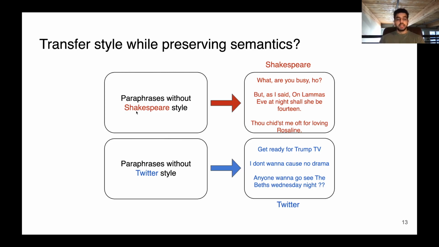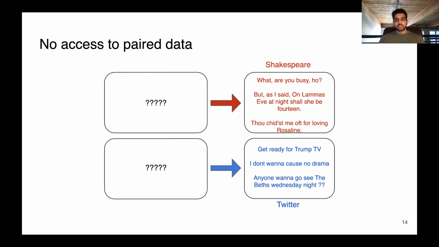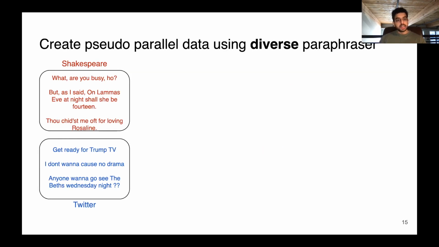And in this task, I would like to have a sentence that has the same content as one of these Shakespearean sentences, but is in a different style, right? So a paraphrase without the stylistic signal from Shakespeare, and I want to translate those essentially into Shakespearean style. Unfortunately, I don't have paraphrases of these sentences that are in a different style. So how do I actually get this data?